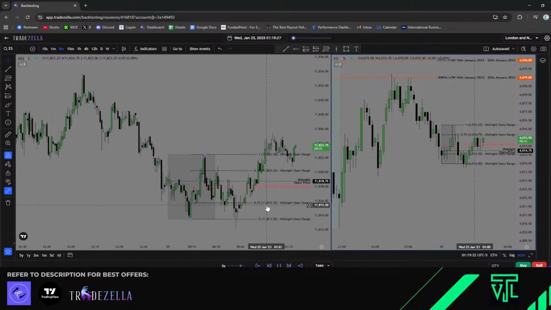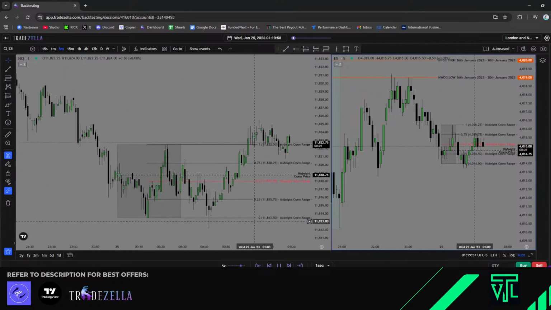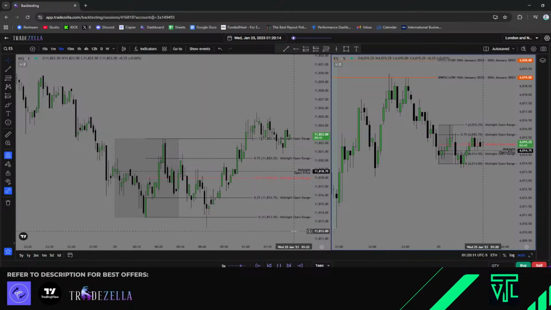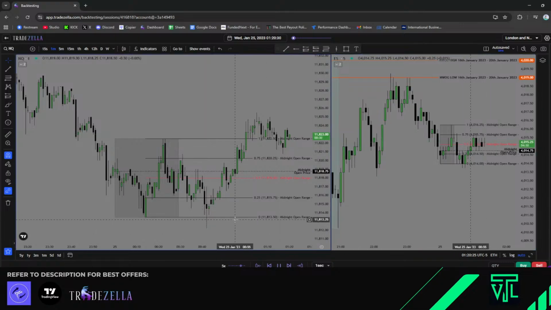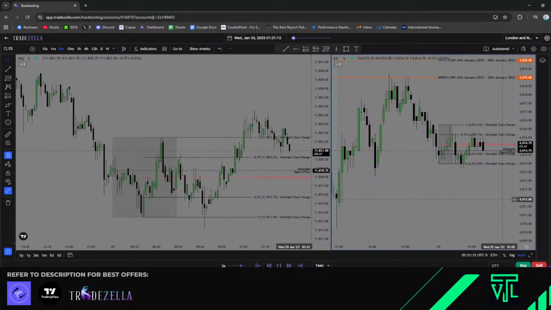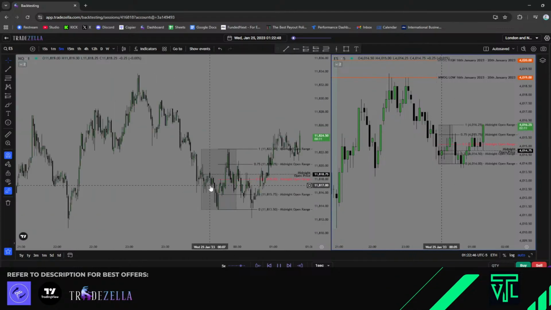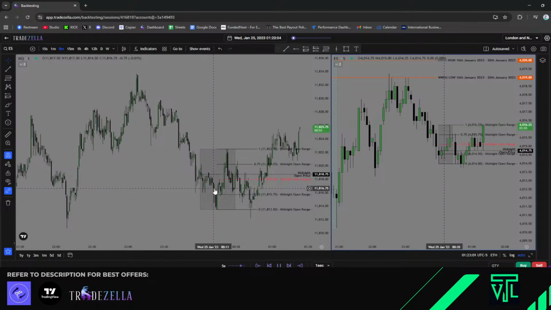But in order to go for that, I would want it to sweep the sell side in some way, which it did here. Now this is pretty strong. I'll wait for 1:30.